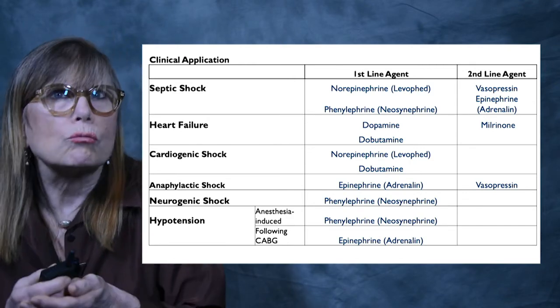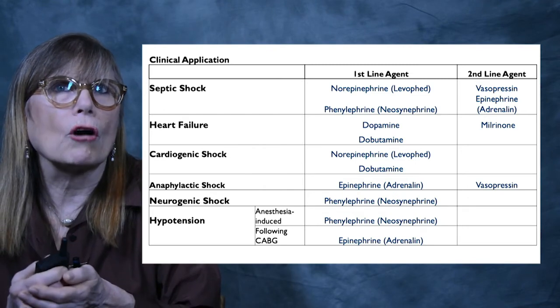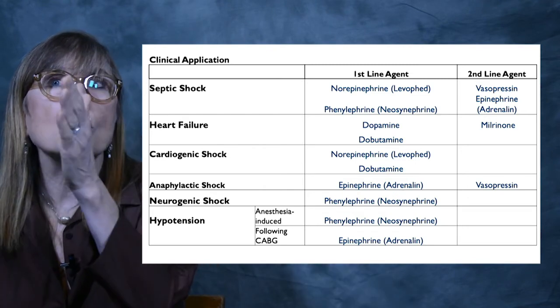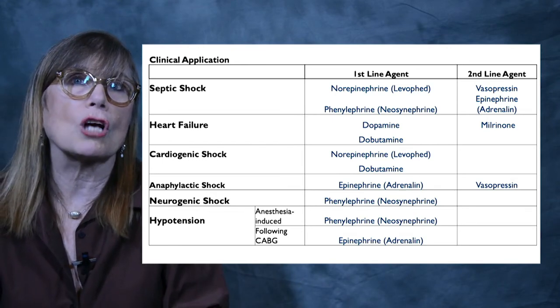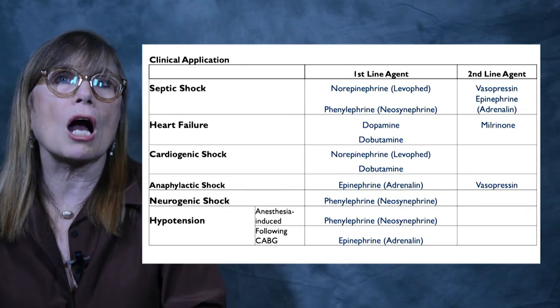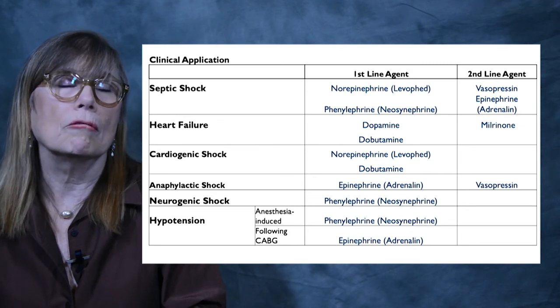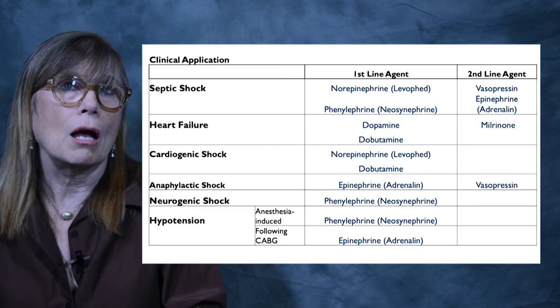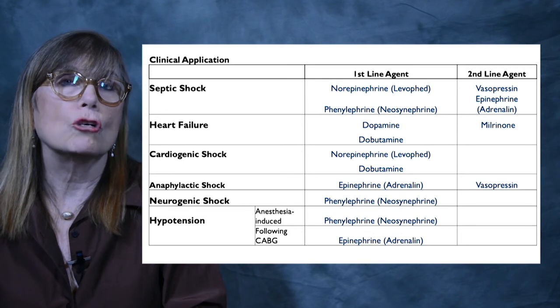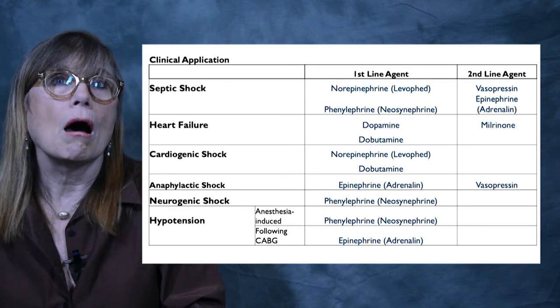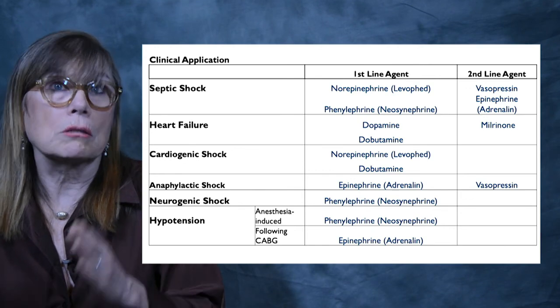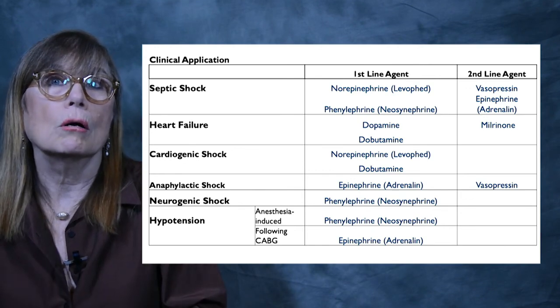But it's singularly important for us to appreciate that dosing of medication depends on the etiology of shock. For hypovolemic shock, volume, volume, volume, red cells, and if the patient is bleeding, surgery. For cardiogenic shock, inotrope, plus you may need a vasopressor.